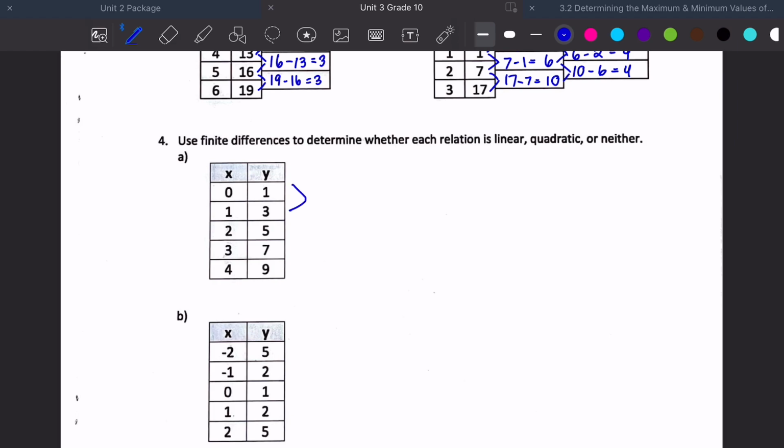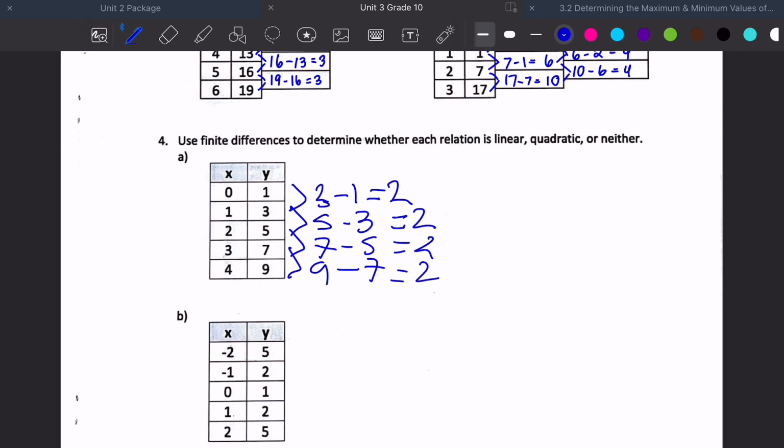Between these ones, it's 3 minus 1, so that equals 2. It's the same, so it's linear.